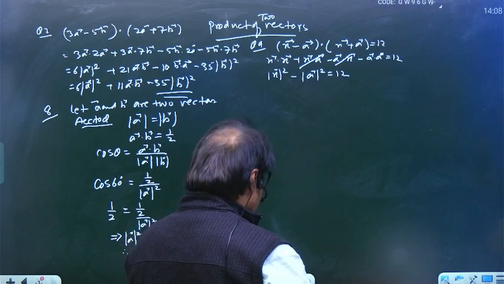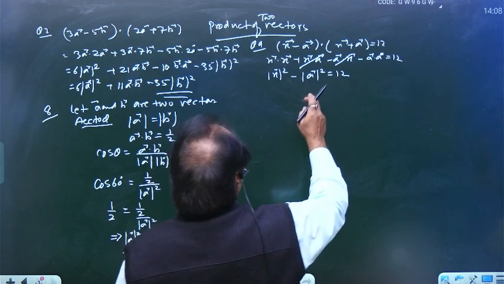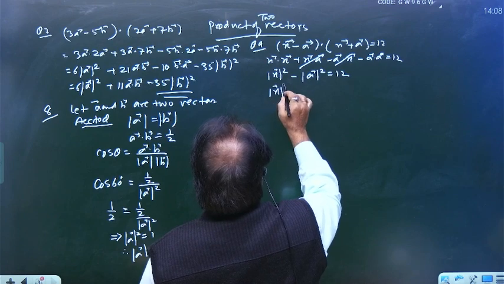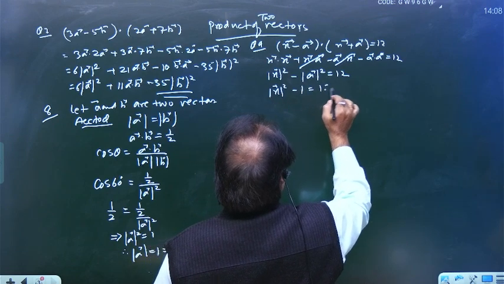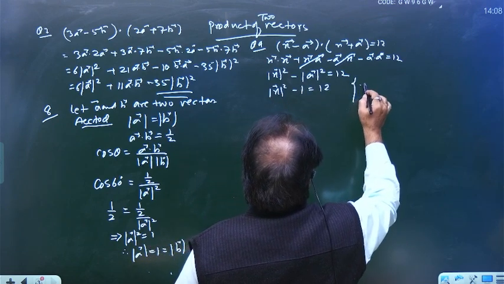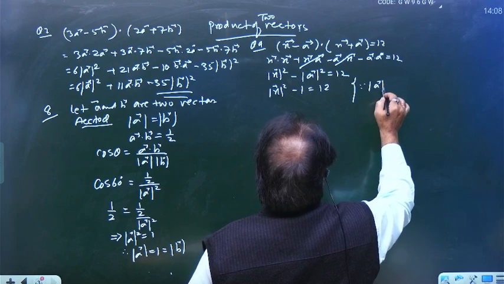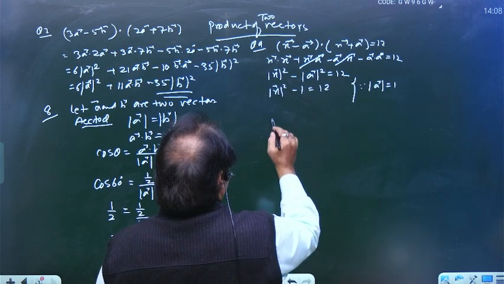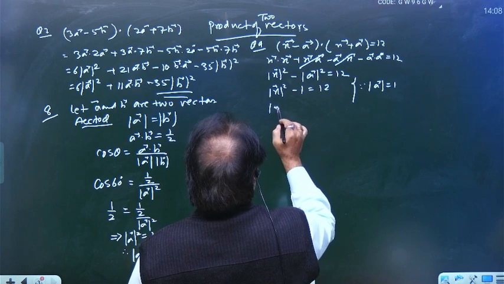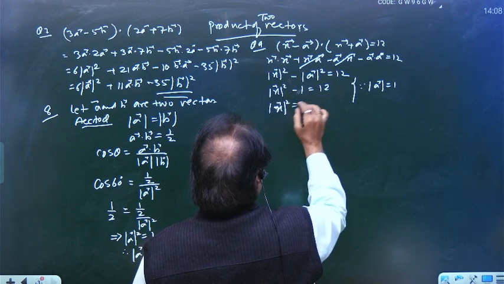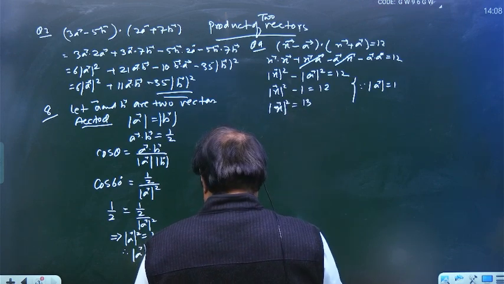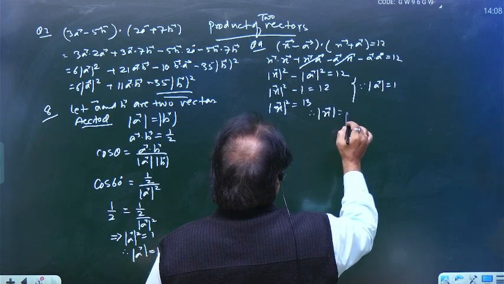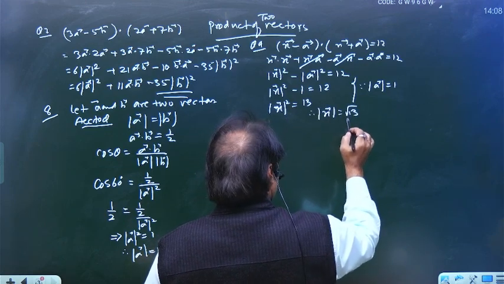It is given that a is a unit vector, so its magnitude is 1. So x square minus 1 is equal to 12. So the magnitude of x square is equal to 13. Therefore magnitude of x is root 13.